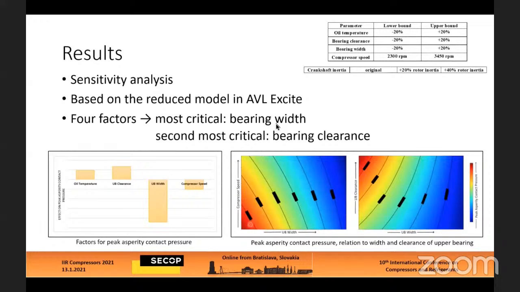So of course, with lower average speed, we also have higher instant speed fluctuation, and the lower the bearing width, the more critical, the higher the asperity contact pressure, which was expected, of course. And the same happens here. Going up on the upper bearing width, we have lower asperity pressures, but then going higher on clearance, we have higher asperity pressures.